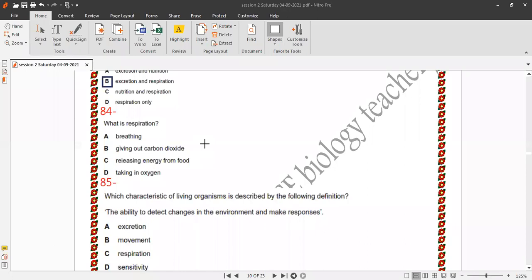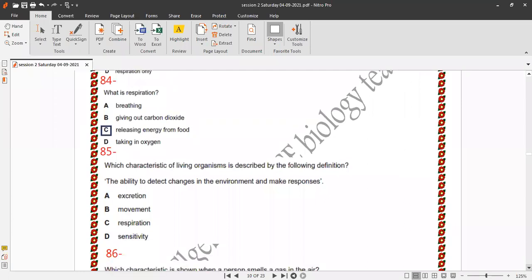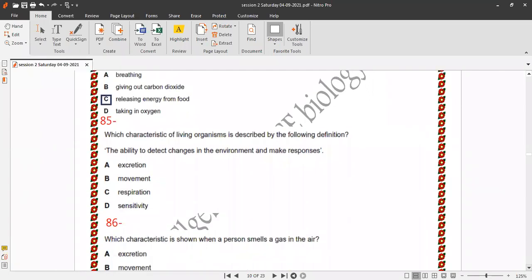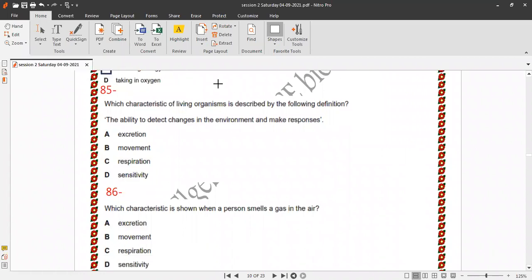This is called breathing in, and giving out carbon dioxide is breathing out. Respiration is releasing energy. Yes, a chemical reaction to release energy, this is called respiration. It is not breathing, because breathing is breathing in oxygen and breathing out carbon dioxide. Okay. Ali?